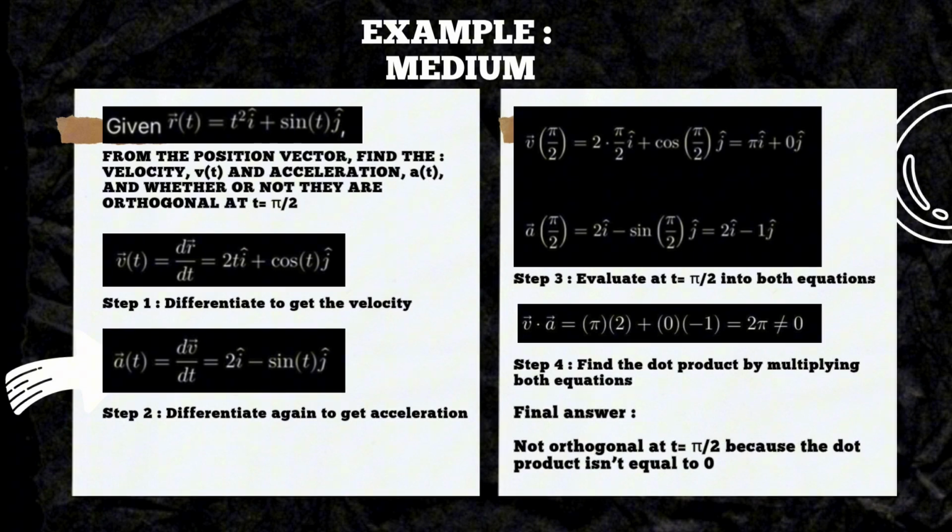To find out whether they are orthogonal at t equals pi over 2, we find the dot product by multiplying both equations. After multiplying velocity and acceleration, we get 2 pi, which is not equal to 0. Hence, it is not orthogonal at t equals pi over 2 because the dot product isn't equal to 0.